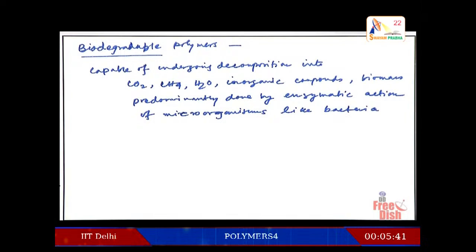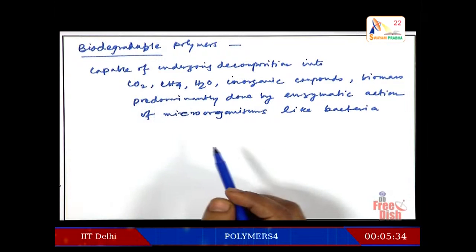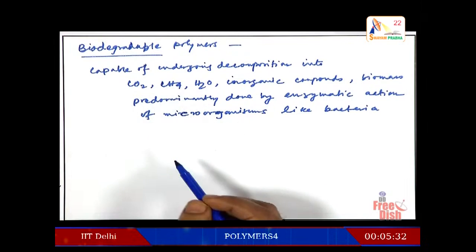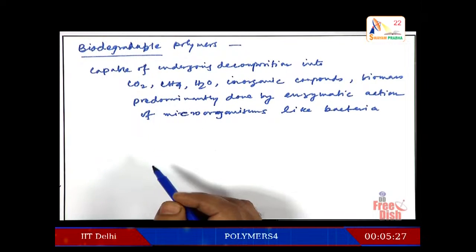Carbon dioxide and water are produced when you do this decomposition in the presence of air, and methane is produced when you do it in anaerobic conditions, or in the absence of air.